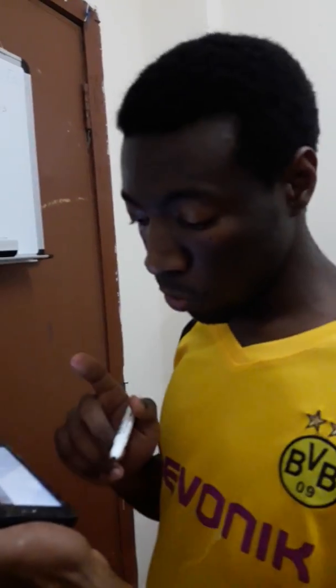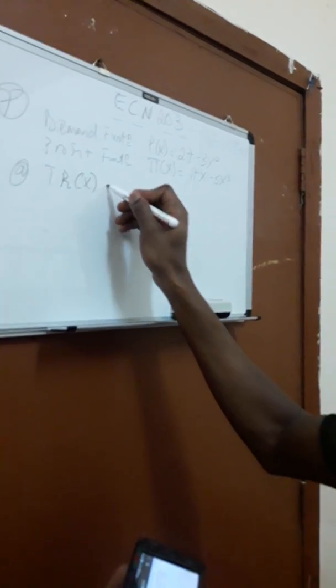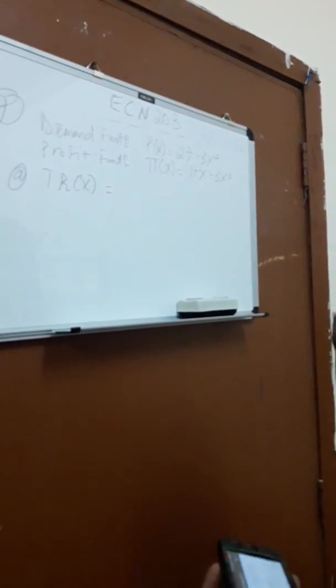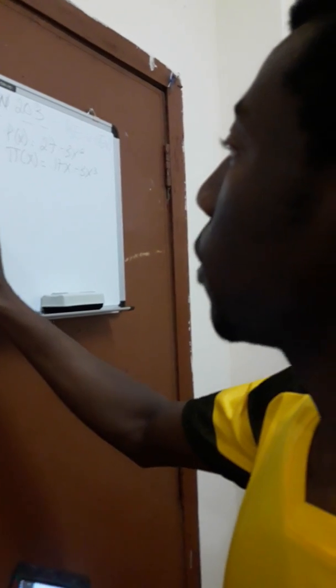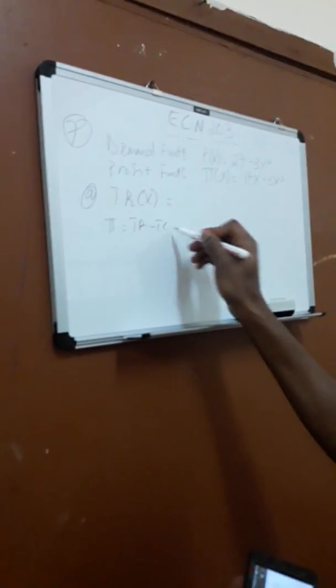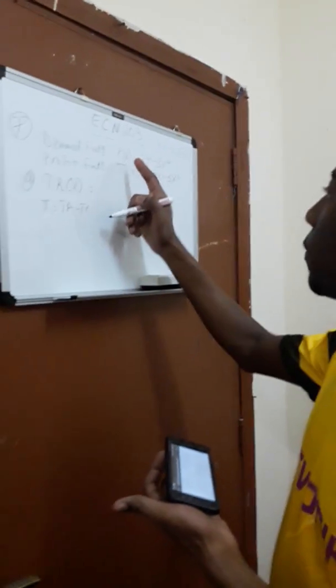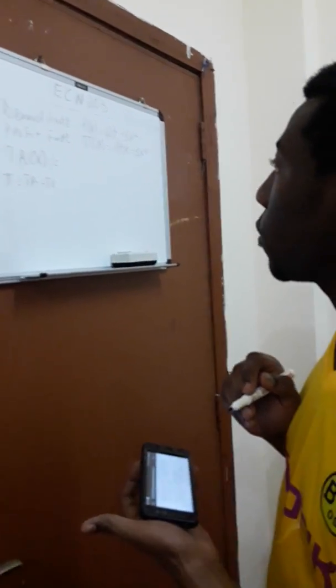So firstly, we are going to begin with the total revenue function, okay? I will say total revenue of X is equal to, you know that to get the profit, which is pi, profit is total revenue minus total cost. So it means that if we need to get the revenue, we have been given the profit function and the demand function, okay?